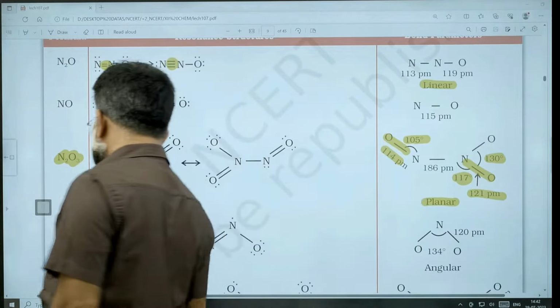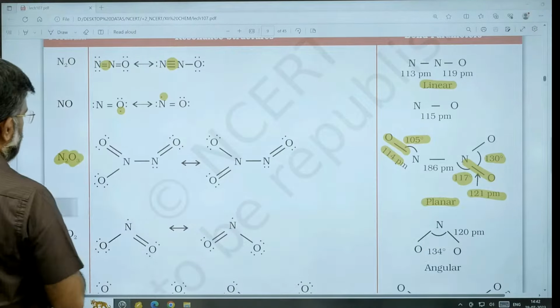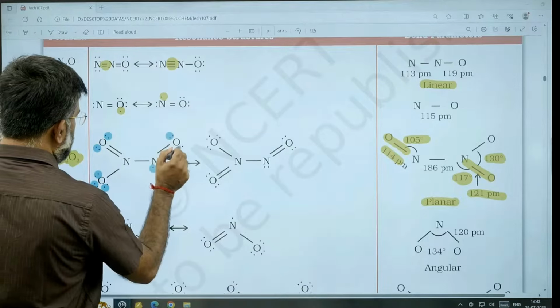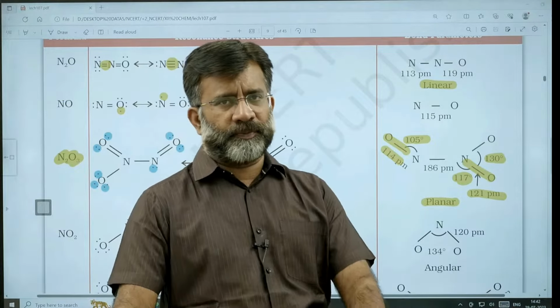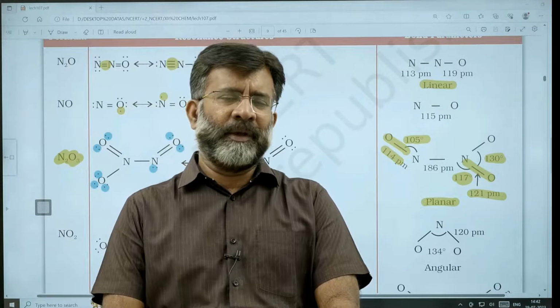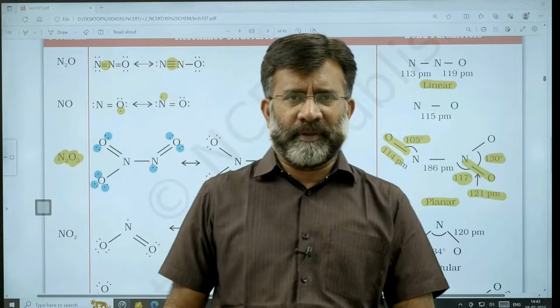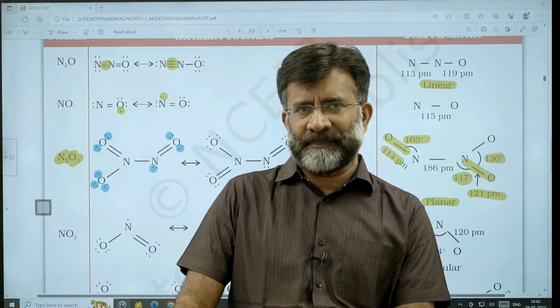How many lone pairs? Very simple. As many oxygen into 2 lone pairs, so it will be 1, 2, 3, 4, 5, 6, 7, 8. There are 8 lone pairs present. As many oxygen into 2, as many nitrogen into 1 will simply give you the number of lone pairs, unless otherwise there are permanent formal charges. Okay.